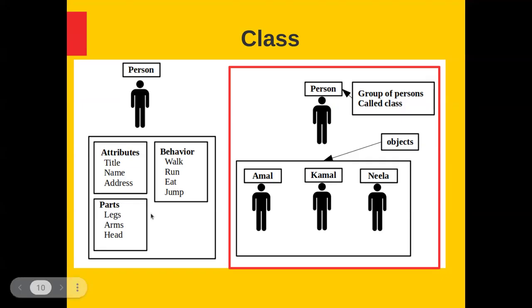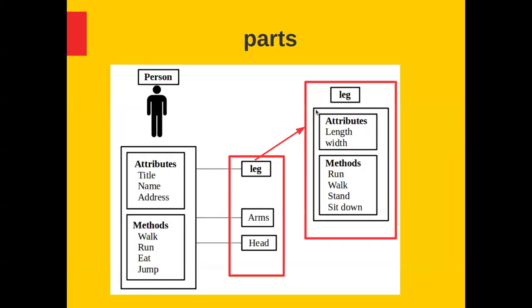Person has attributes, parts, behavior. A group of persons is called a class. These objects are Amal, Kamal, like individual persons. This is one object belonging to this person class. Parts become other objects.